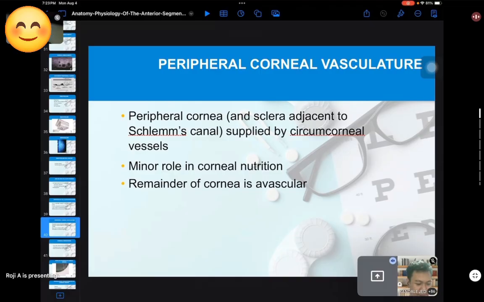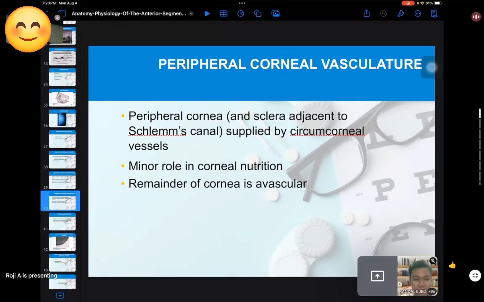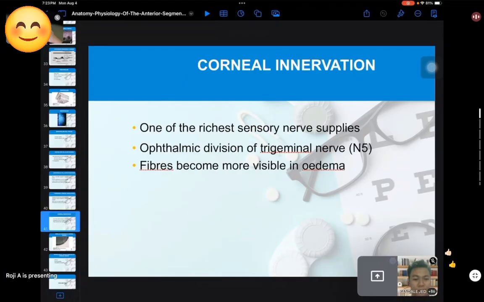It's just around. That's why if you look at the limbus, close to the limbus you can see a lot of blood vessels, correct? Is that correct? Okay, I believe I heard a thumbs up. A heart? Yes. All right.